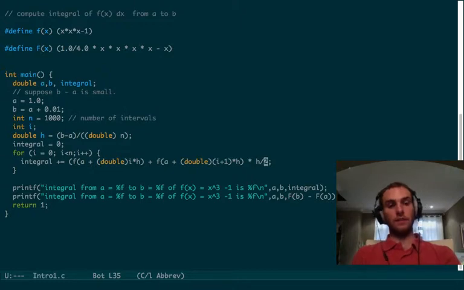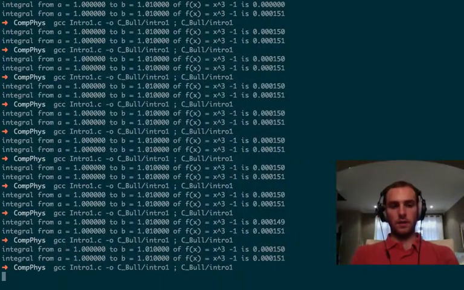Right, so on each of these intervals, you basically look at both sides and you make an average.